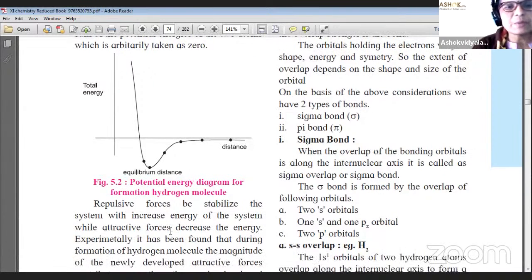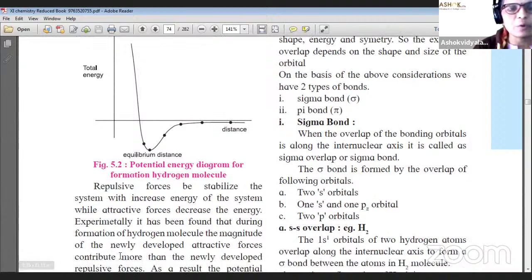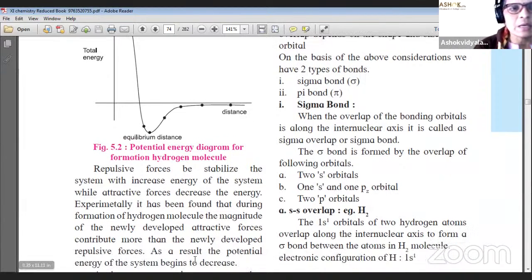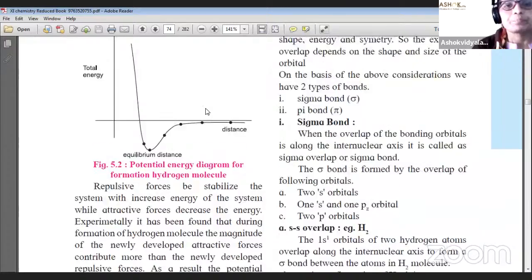Experimentally, it has been found that during the formation of a hydrogen molecule, the newly developed attractive forces contribute more than the newly developed repulsive forces, and as a result the potential energy of the system begins to decrease, and bond formation takes place.